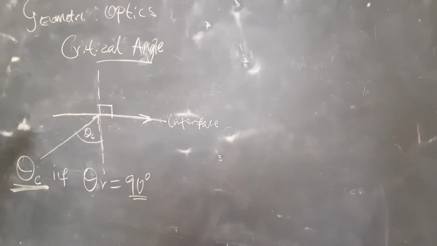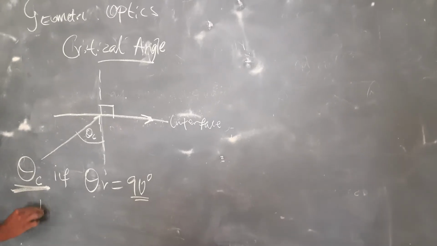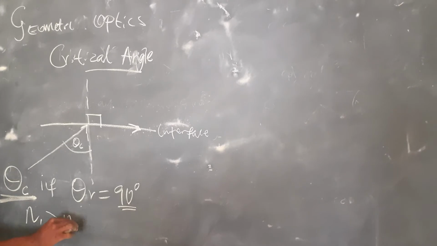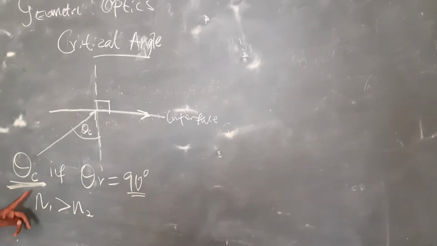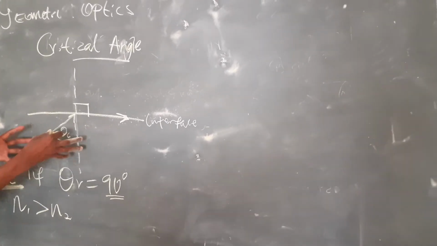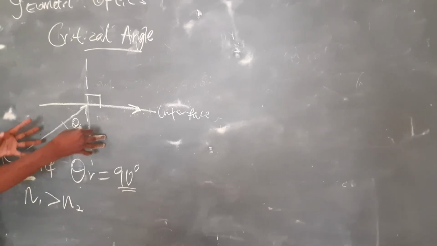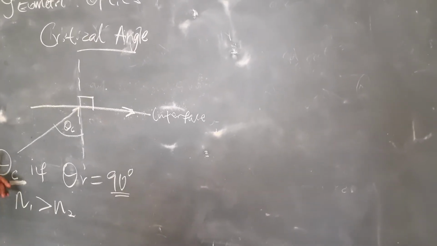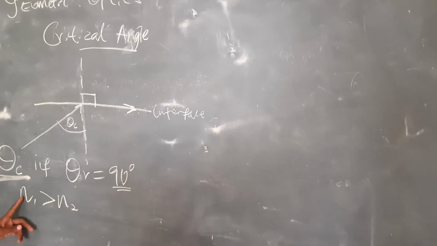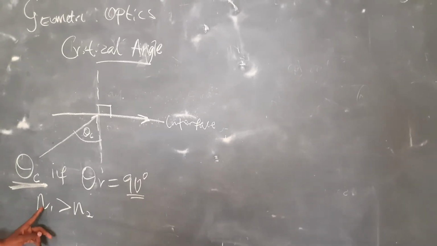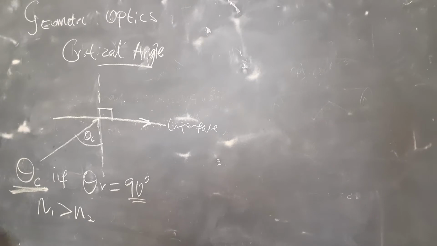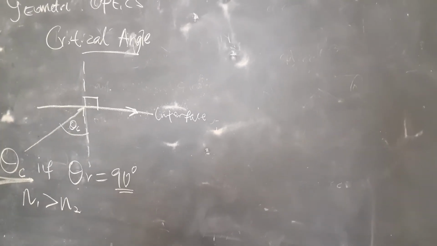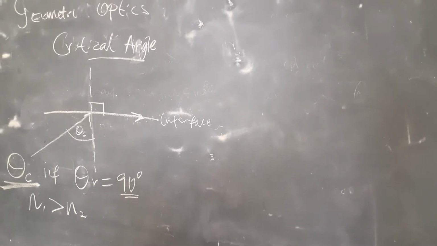And also, the refractive index of the incident medium must be greater than the refractive index of medium number 2. The light must travel from the medium of high refractive index to the medium of low refractive index. So when light travels from a medium of high refractive index to a low refractive index, therefore a critical angle can be created.